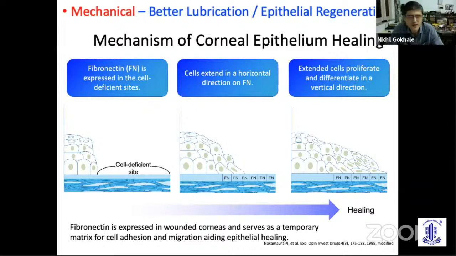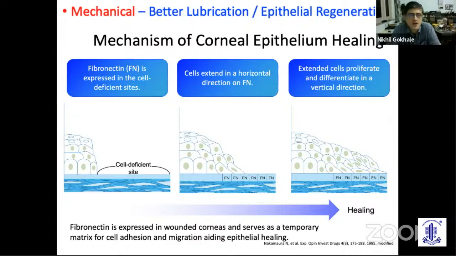And we know that fibronectin is expressed in wounded corneas, and it helps the epithelial healing, as has been shown in several publications. And once the epithelium does grow over the bare area, it then moves vertically and forms the 5 or 6 layers of the epithelium, and it also differentiates into the various types of cells that we see in the epithelium.